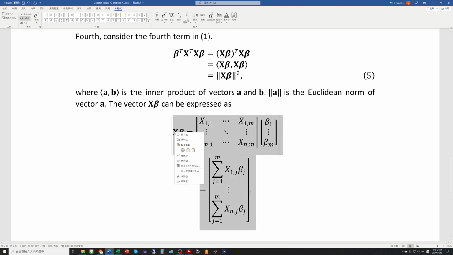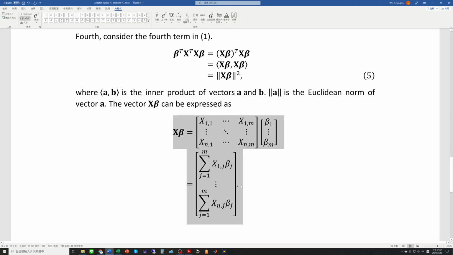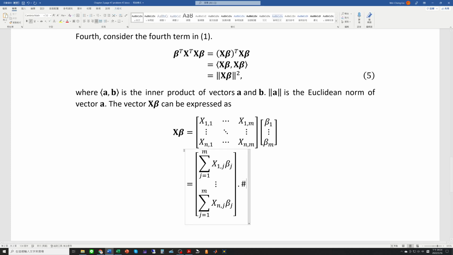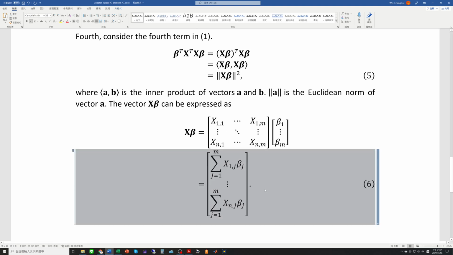So align at the equality. Good. So it is equation 6.